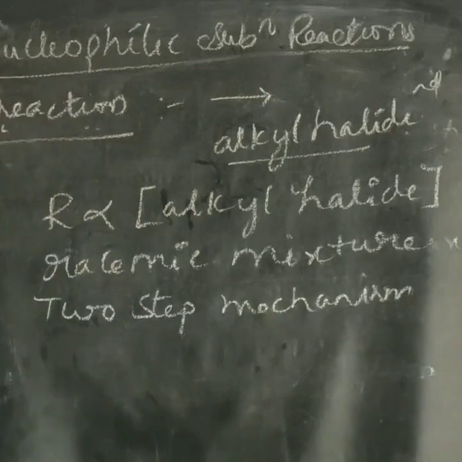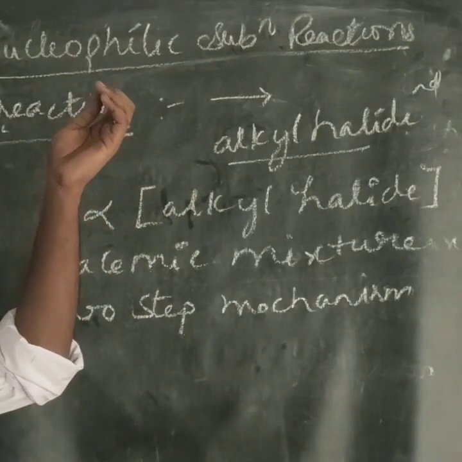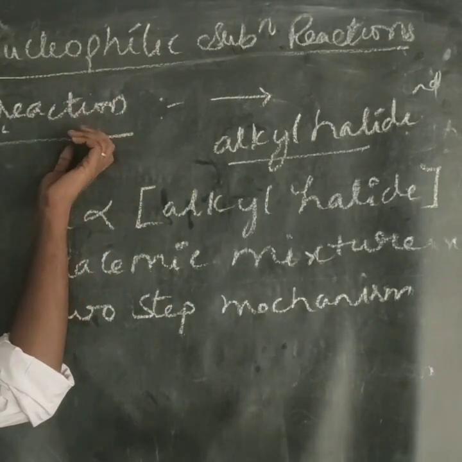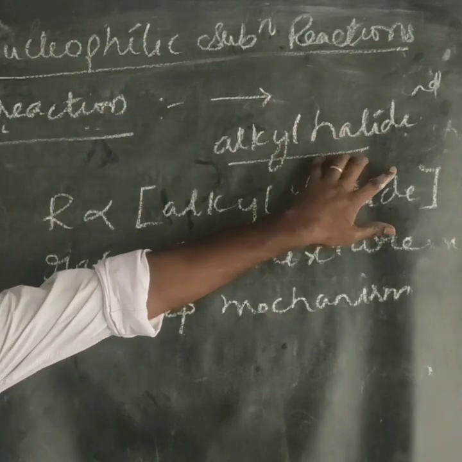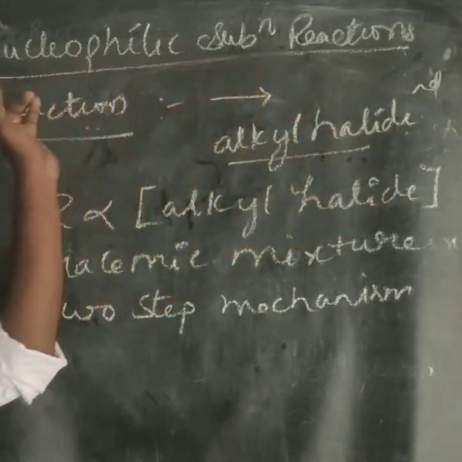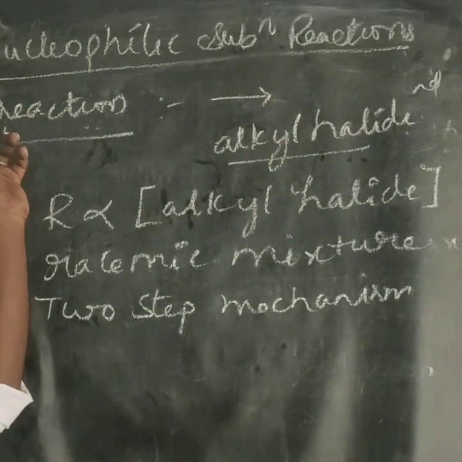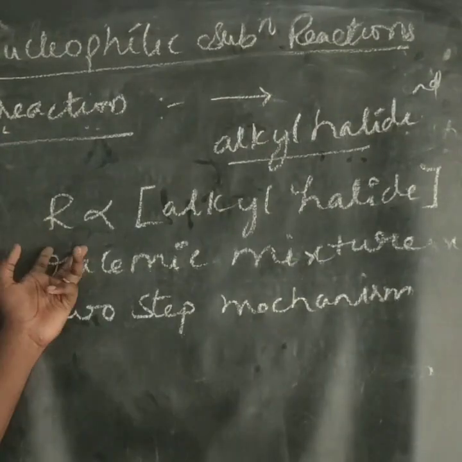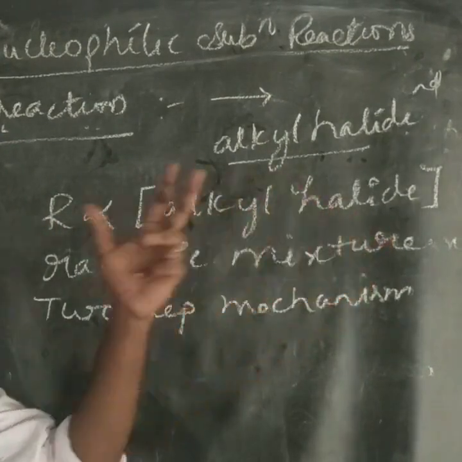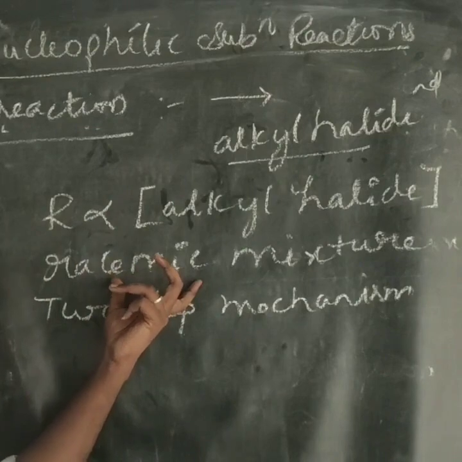So in the unimolecular reaction the rate depends only upon the alkyl halide, so it is called the unimolecular substitution nucleophilic reaction. The rate depends only upon the alkyl halide and it forms the racemic mixture.